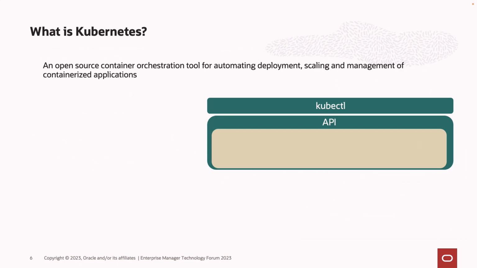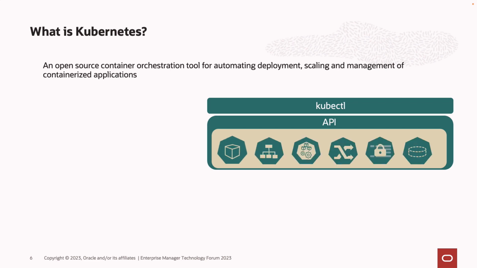So let's quickly recap what Kubernetes can do for you. Kubernetes is the most popular container orchestration solution available today. It has a set of open source APIs that allows you to configure how and where you want to run or schedule to run your containers.